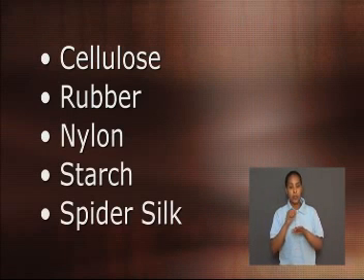Even spider webs are polymers. If your answer was similar to these, great job. Compare your list with those of your classmates after the lesson. It will be interesting to compare what examples you were able to name.